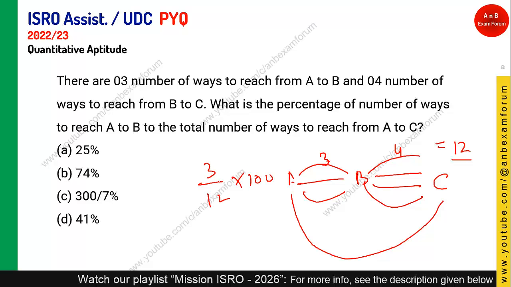Percentage is a very simple calculation, and it becomes 25%. Yes, 25% is the right answer.